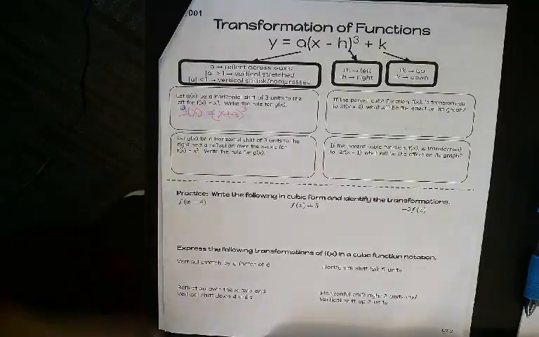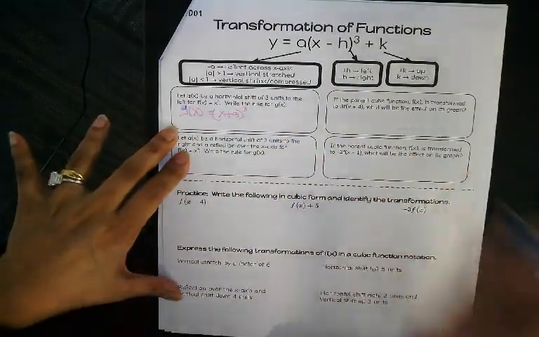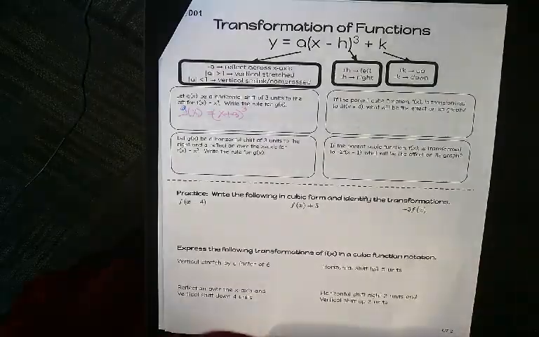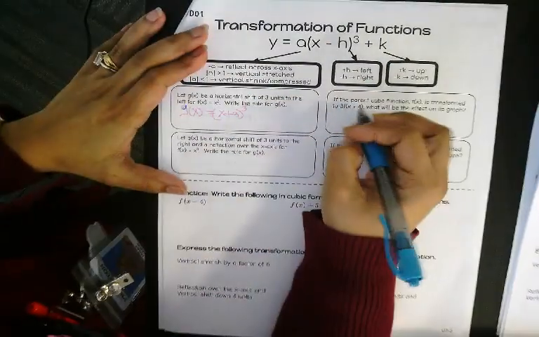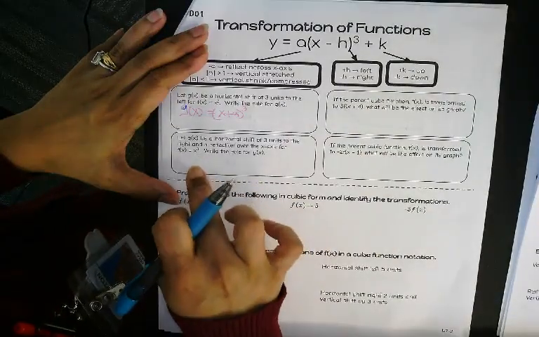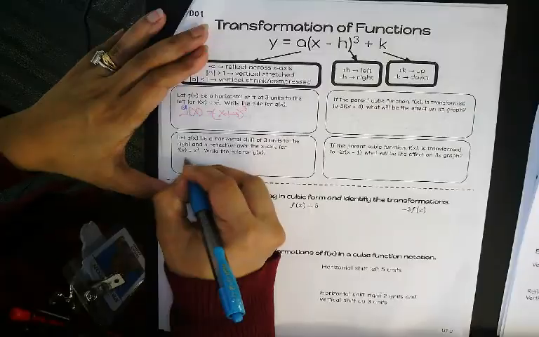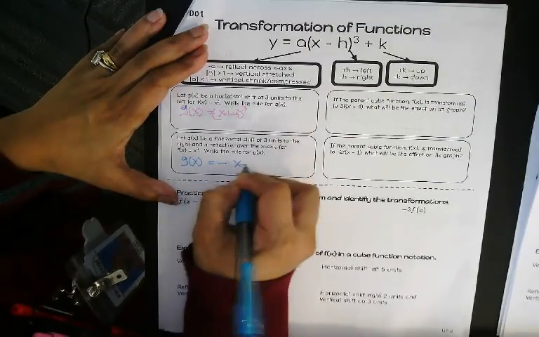Okay, let's check it together. Give me this one. So how many transformations do we have over here? Two transformations. What are those? Stretch 3, left 4. Stretch 3 and left 4. I'm not writing it. And how about this one? How can I write this one? Negative x minus 3 cubed.